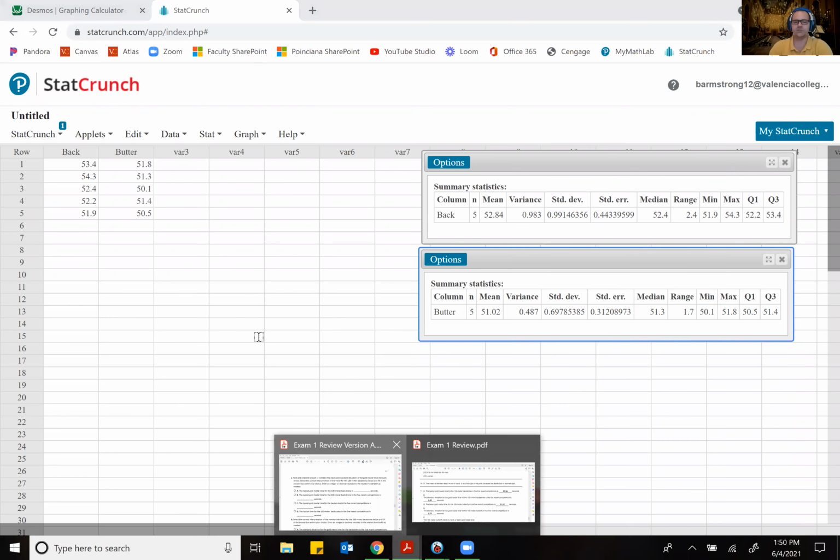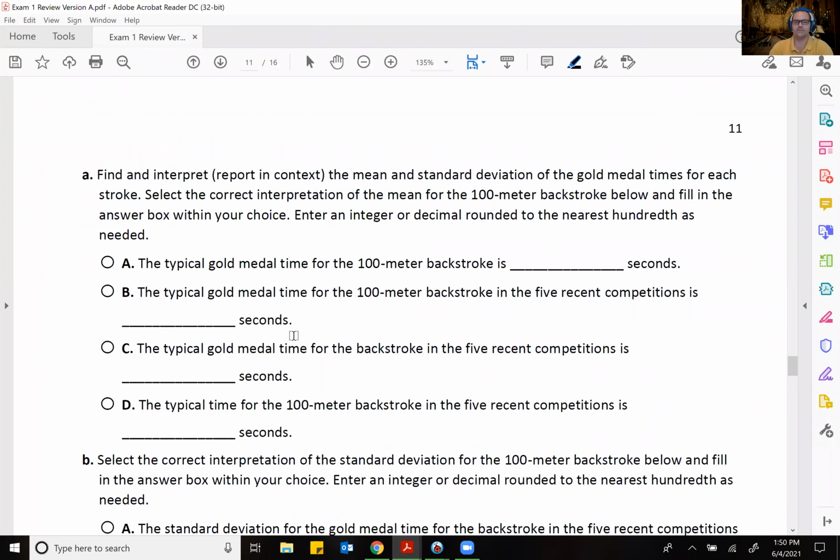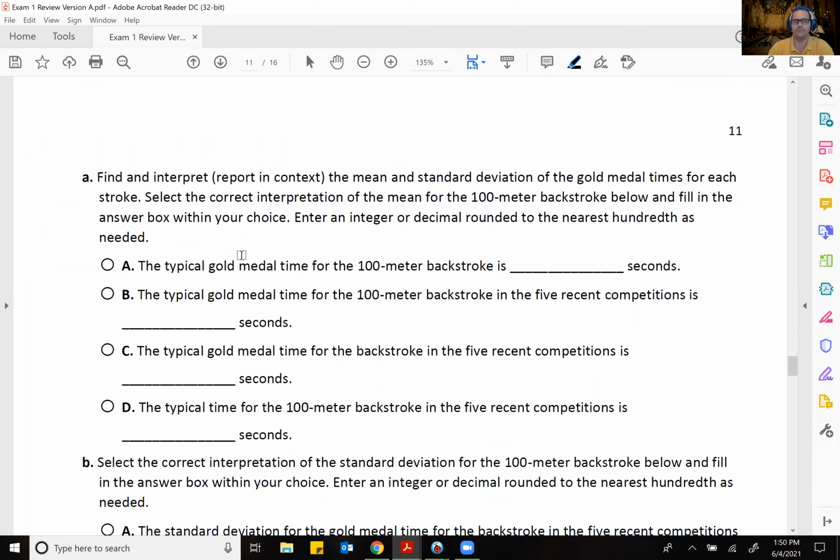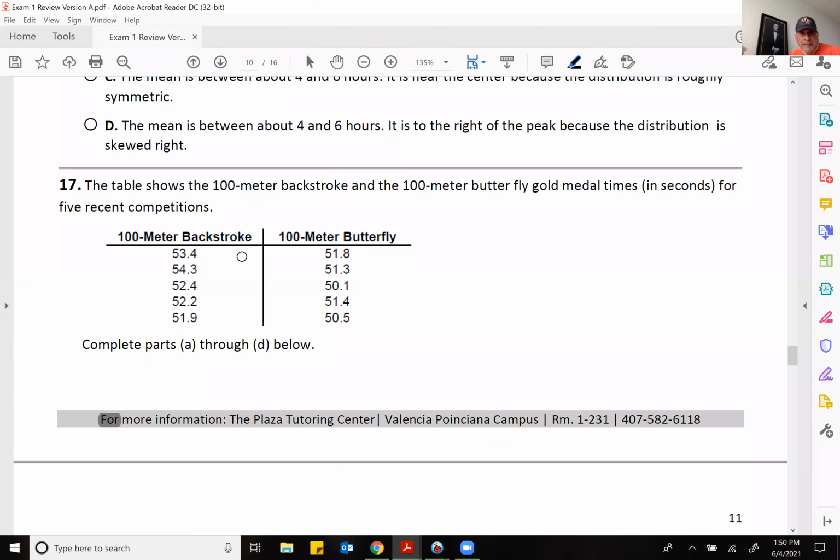B is the most descriptive of what we're looking at. Up here, this says the typical gold medal time for the 100-meter backstroke is blank. What this sentence is stating is that this is over all the Olympics. Did we look at all the backstroke times for all the Olympics? No, we're looking at the 5 recent competitions.